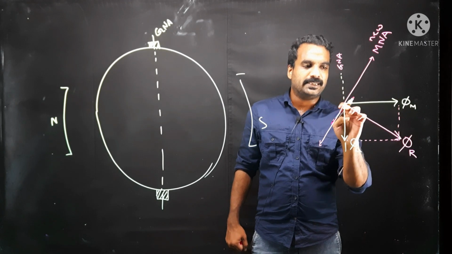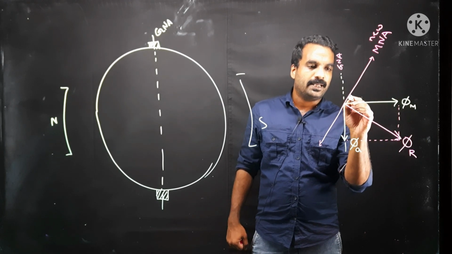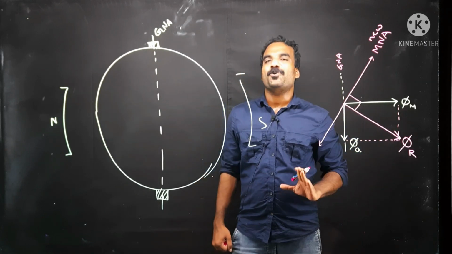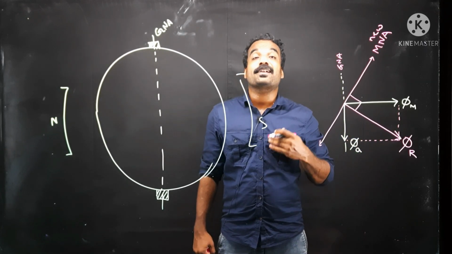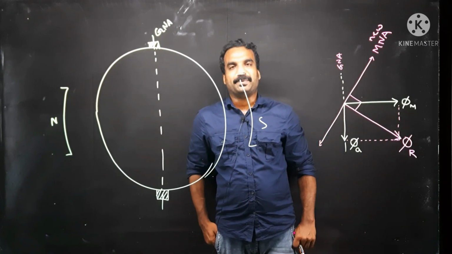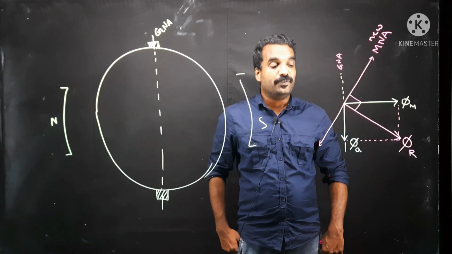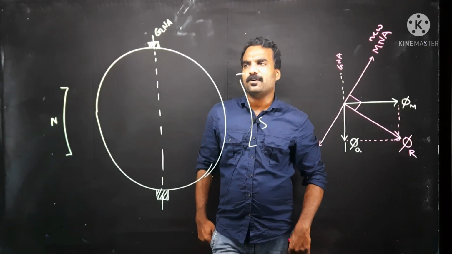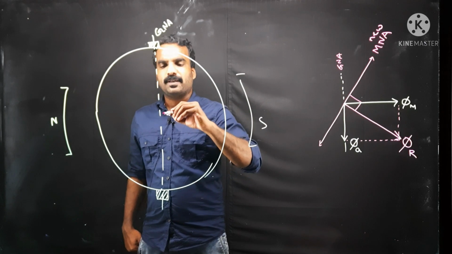See this: GNA is perpendicular to main flux and MNA is perpendicular to resultant flux. So where do I have to place the brush? That is my question. Anyhow, we will think about it.